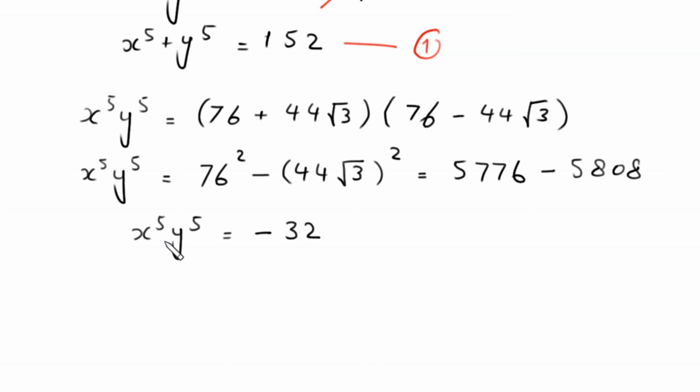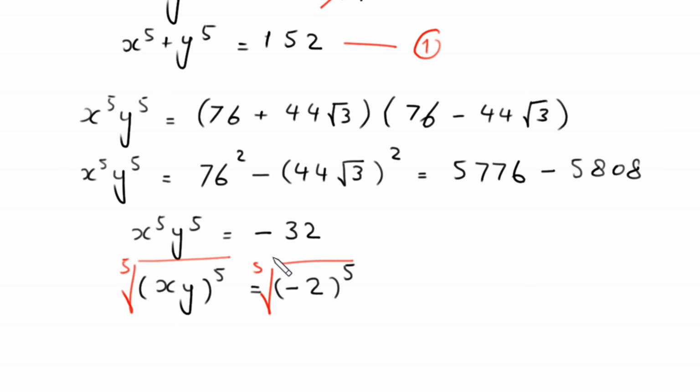Now x to the power 5 times y to the power 5 can be written as (xy) to the power 5 is equal to negative 32, which can be written as negative 2 to the power 5. If we take the fifth root on both sides, the fifth root cancels with the power.